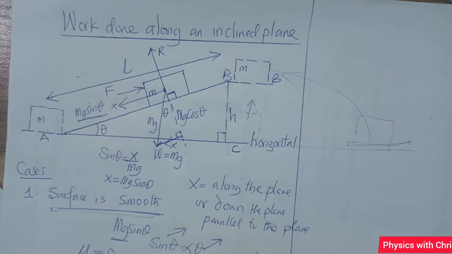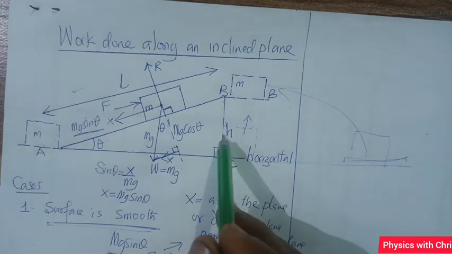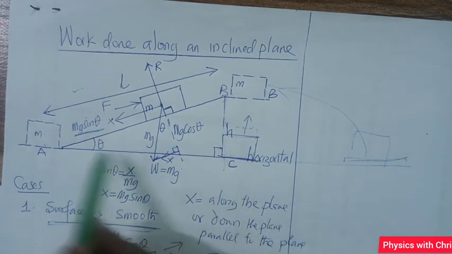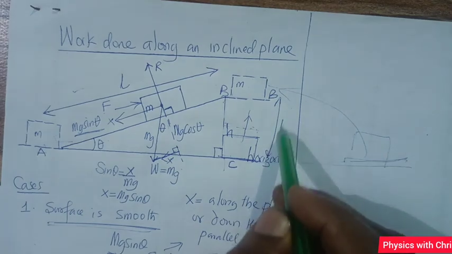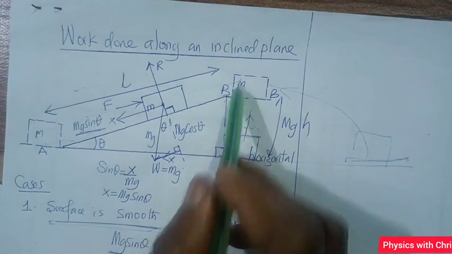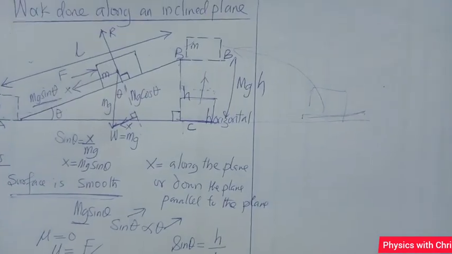It doesn't matter the path you follow, the work done remains the same. So if I were to raise this block vertically upwards from level A to point B, my work done is still mgh. Whether you follow along this line or this vertical path, the work done is the same.